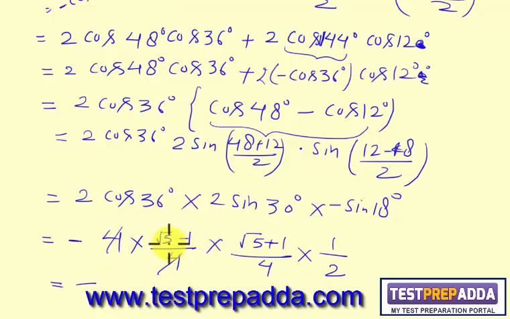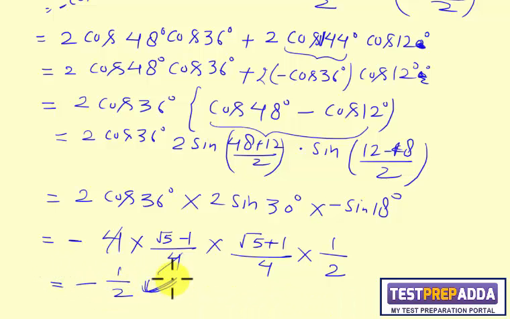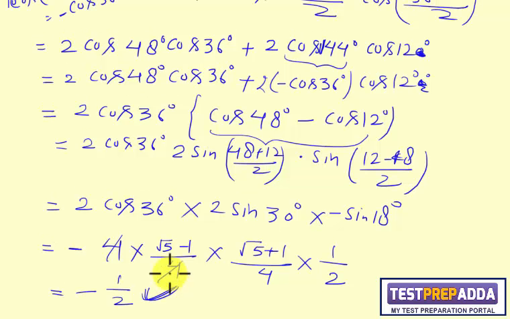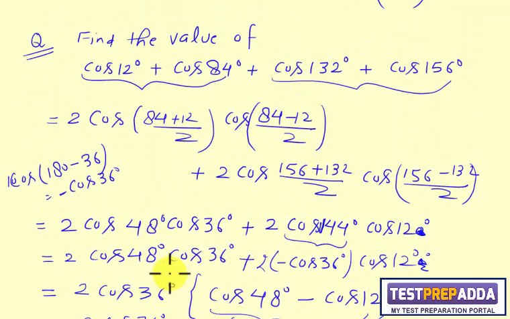Here you can use (a minus b) into (a plus b), that is a square minus b square means 5 minus 1, and that 4 will get cancelled. At the end the result is what, minus half. So the conclusion is, in this particular question we have used transformation, sum into product.